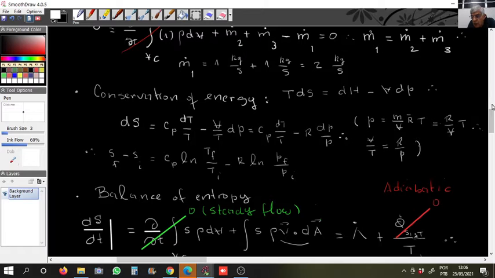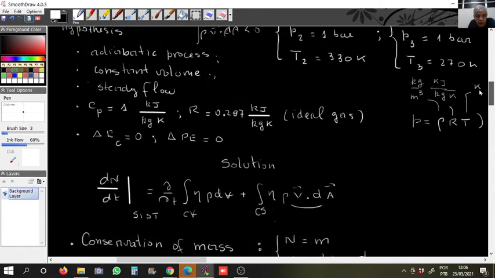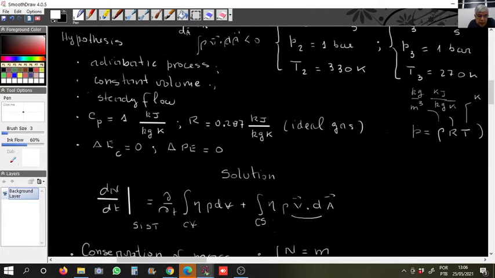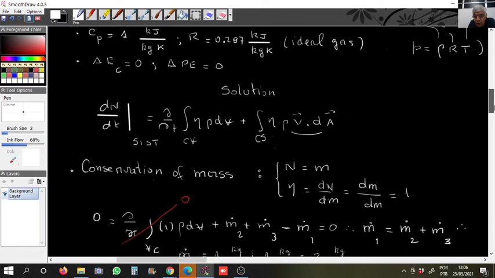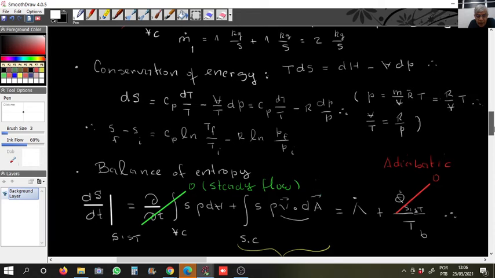By hypothesis, there is no variation of kinetic energy and no variation of potential energy. So using the conservation of energy, we can treat this as a closed system.